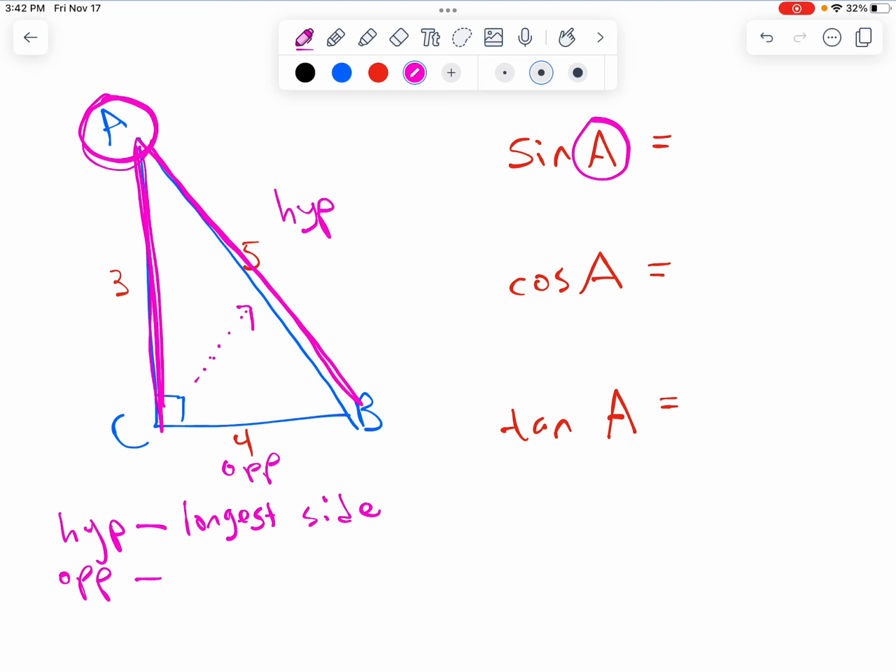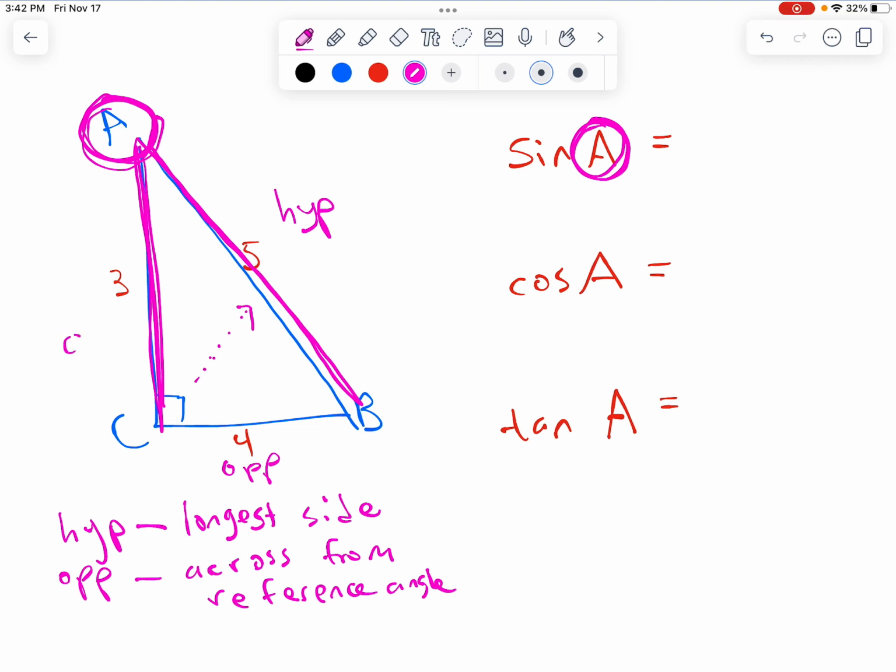It's the one across opposite the angle A. So we've got across from, and we're going to call this our reference angle. A is our reference angle because it's the angle that the question is asking us about. It's asking us about A, so we say from the perspective of A, 4 is the opposite side.